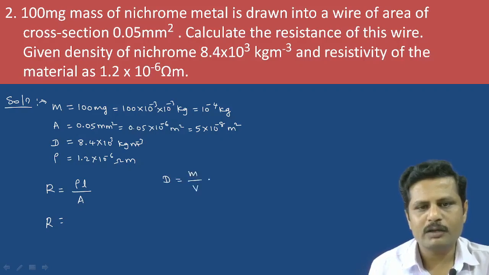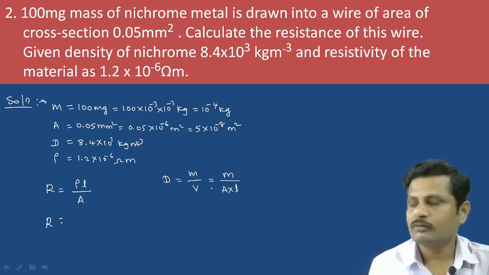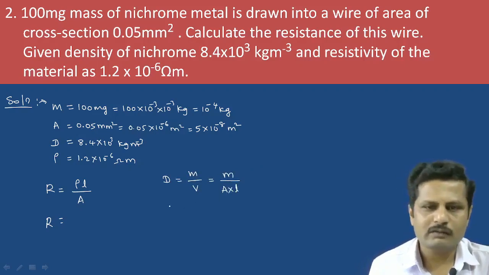This volume can be considered as area of cross section into length. So the length of the wire can be written as m divided by d times area of cross section.